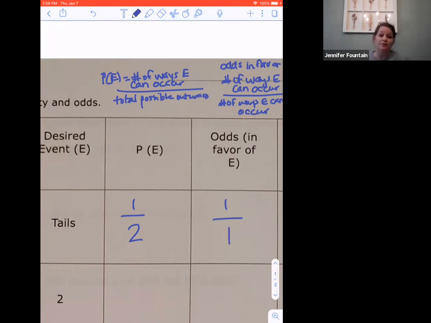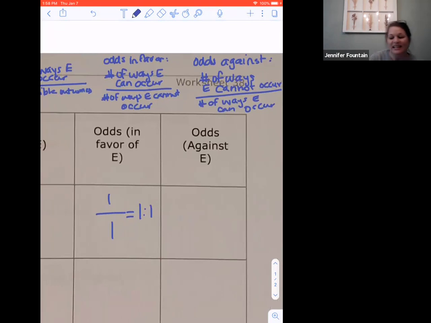So my odds in favor ends up being 1 to 1. Now when I look at my odds against it, again, there's 1 chance that it cannot occur over 1 chance that it can. So it's still 1 to 1.